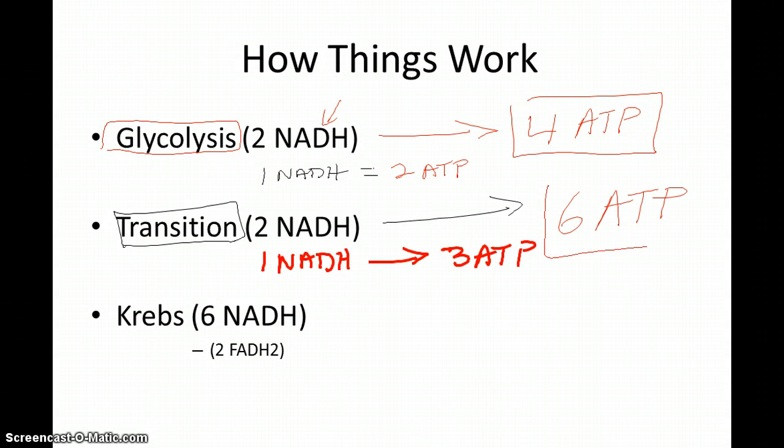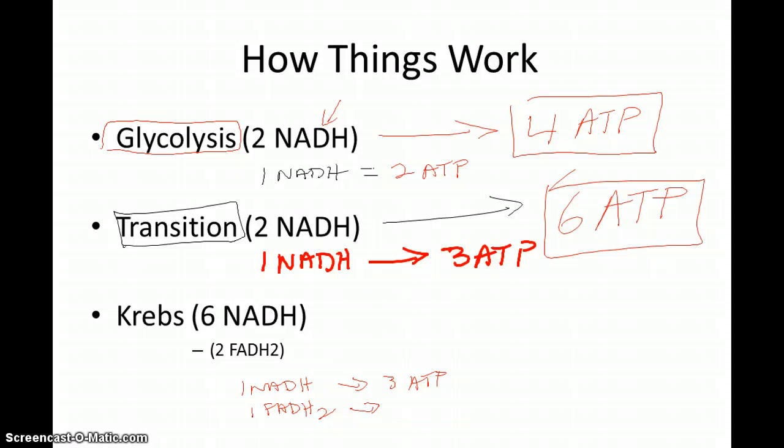And from Krebs, each individual NADH creates 3 ATP, and each FADH2 creates 2 ATP.